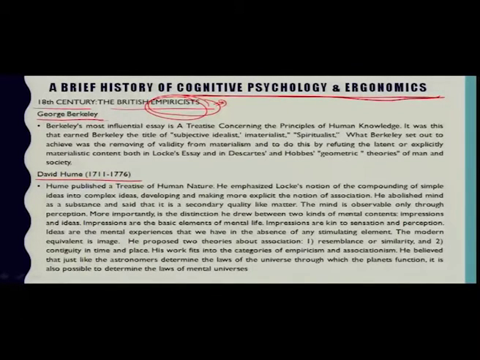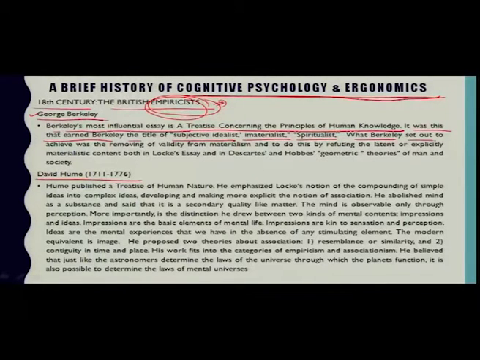George Berkeley, in the 18th century, wrote his most influential essay, A Treatise Concerning the Principles of Human Knowledge. It earned Berkeley the title of subjective idealist, immaterialist, spiritualist.